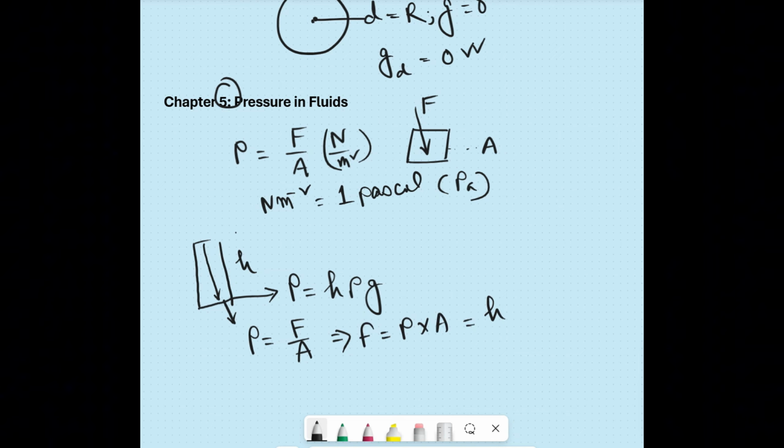It will be h rho g times A, right? So A is the area and h is the height. So this is say a cylindrical container, so it will be A. In that case, h times A is V, volume, rho g.